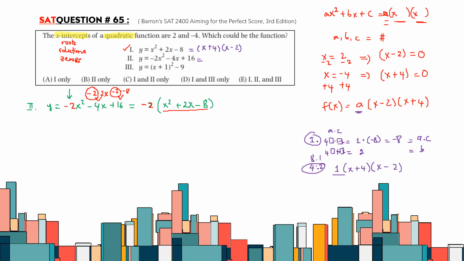And you see this part is exactly number 1, so we write y equals -2 times x plus 4 times x minus 2. So yes, number 2 has the factors.